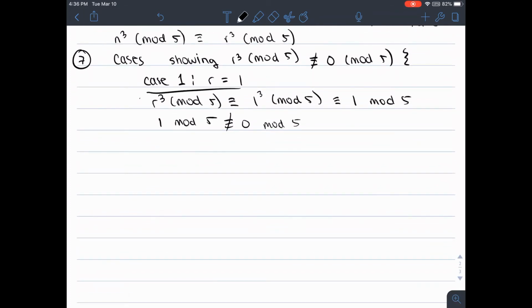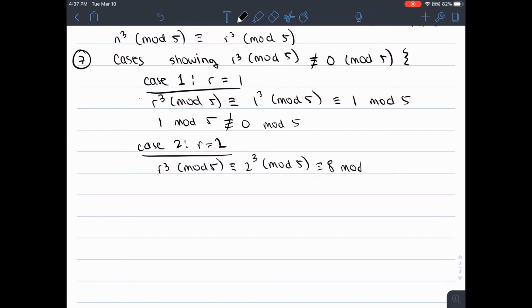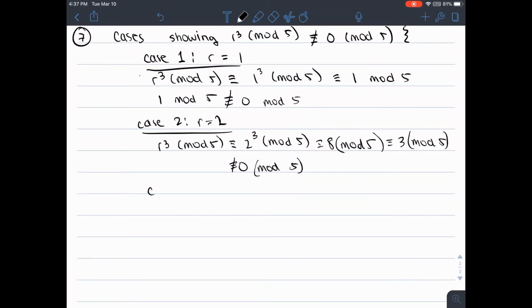Now case 2, r is equal to 2. r cubed mod 5 would be equivalent to 2 cubed mod 5, which becomes 8 mod 5, which is equivalent to 3 mod 5, also not equivalent to 0 mod 5. We run through these cases one by one.